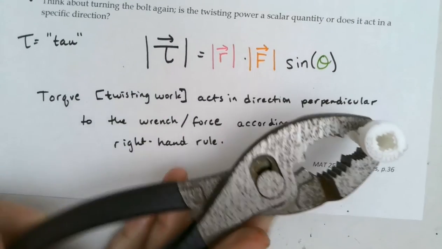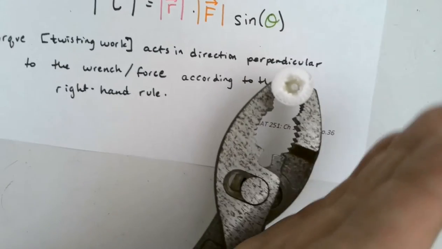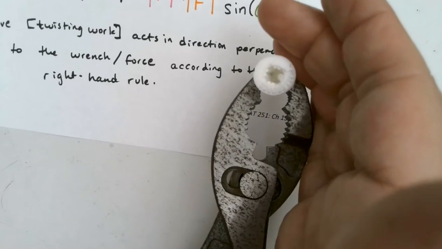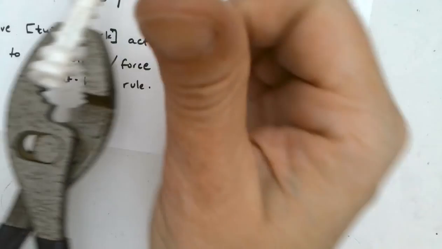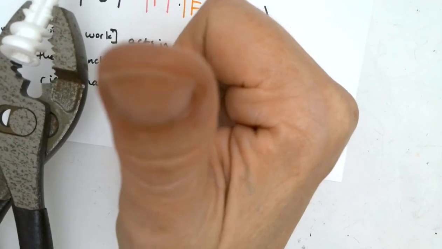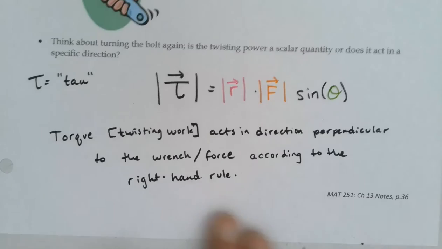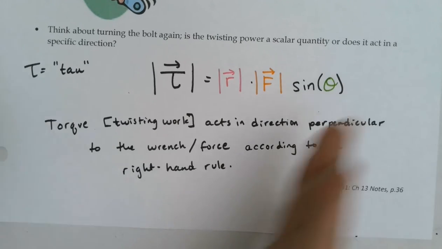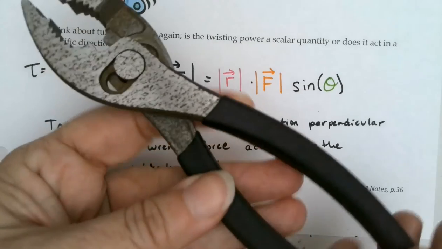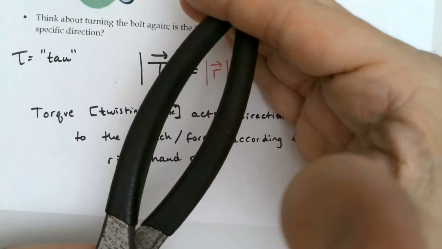If you go the other way, I curl my hand up or around. So I'd be pushing the wrench the other direction, and then the torque is going to go up the bolt because my right hand would go up like that. Right, so that's how it works. So the torque goes according to the right hand rule. If I push the force this way, I'm curving and then the torque goes up.